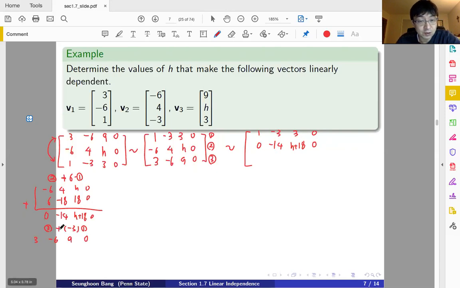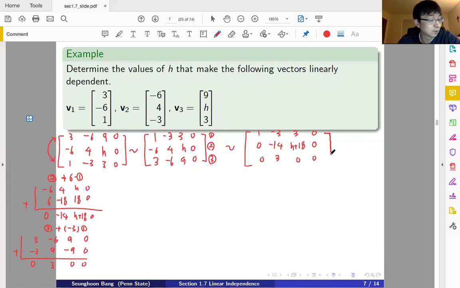The -3 times the first row: -3 times 1 is -3, -3 times -3 is positive 9, -3 times 3 is -9, and 0. And add it. This is 0, 3, 0, 0.